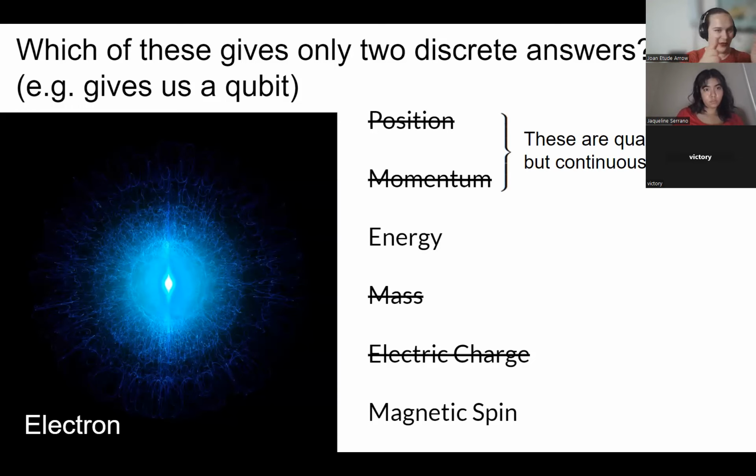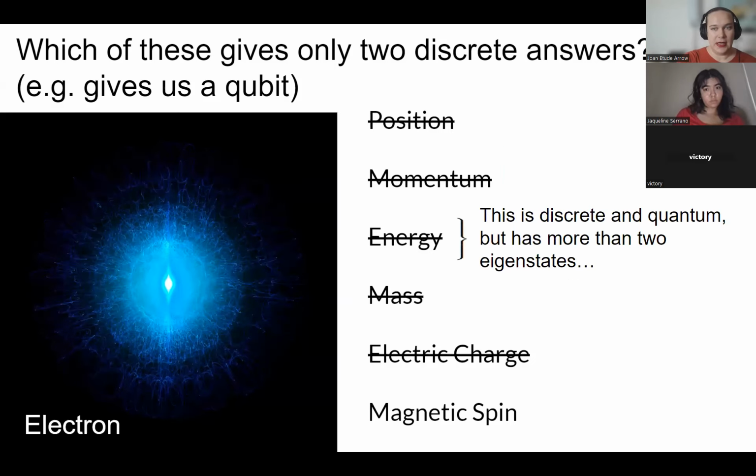It could be at 0.5 or 0.51 or 0.53 or 0.0123456, right? It could be at any point inside of this box we've created for the electron.